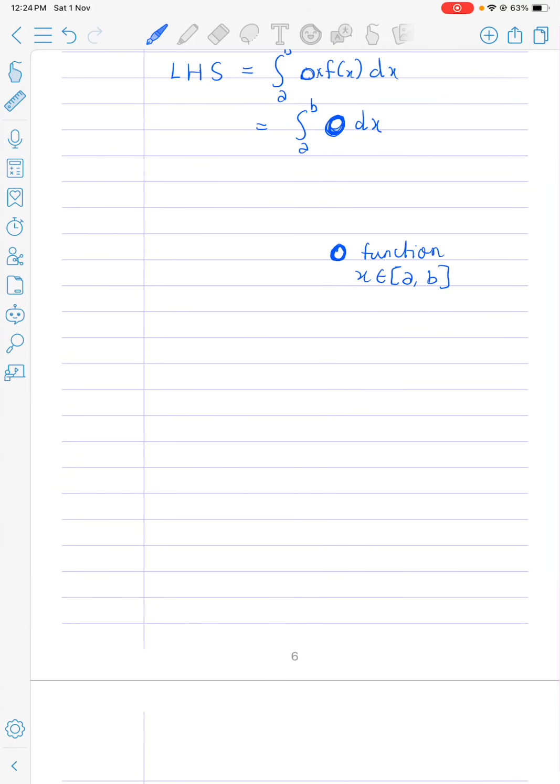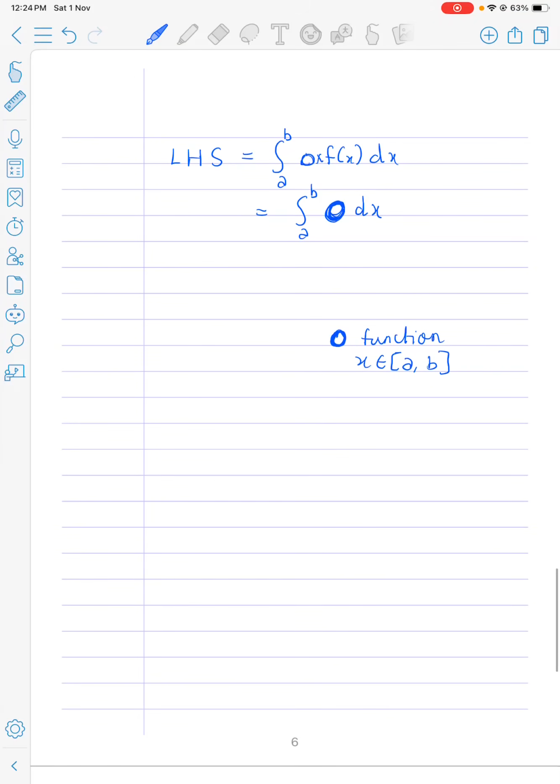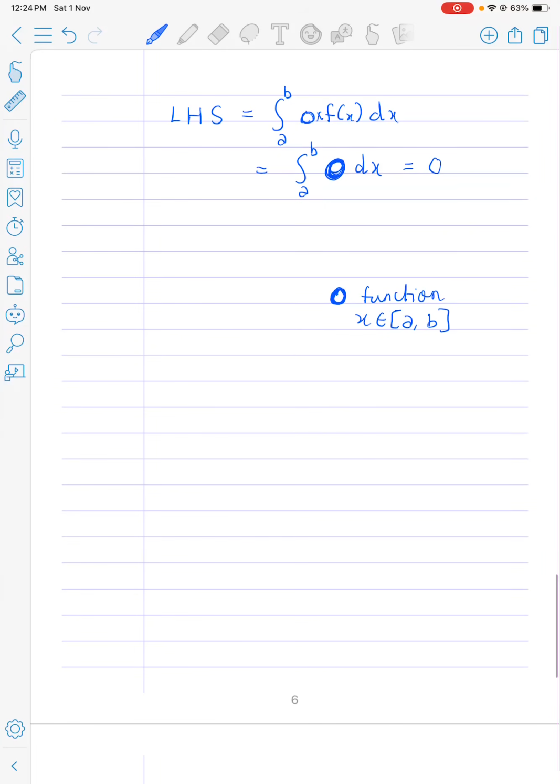So can you show that integration of 0 dx is equal to 0? Yes, you take any epsilon greater than 0. You take delta to be any number you like, let's say k. Then norm of p less than delta, you take any partition. I'm not writing it.